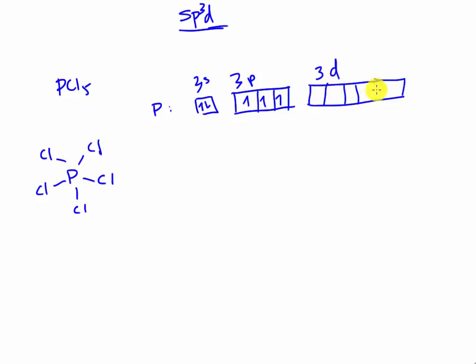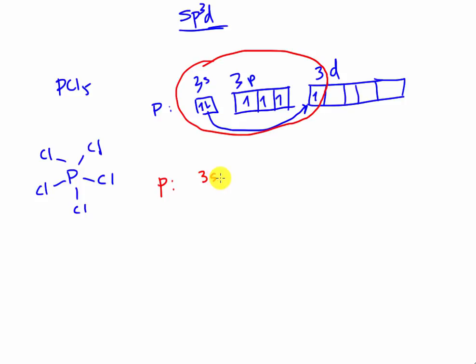1, 2, 3, 4. Okay, so what happens is this electron promotes up to here, and we get a hybridization of all of these orbitals, including one of the d's. So what phosphorus does is it has a 3sp3d1, and that is going to give us 5 orbitals. So you get 1, 2, 3, 4.